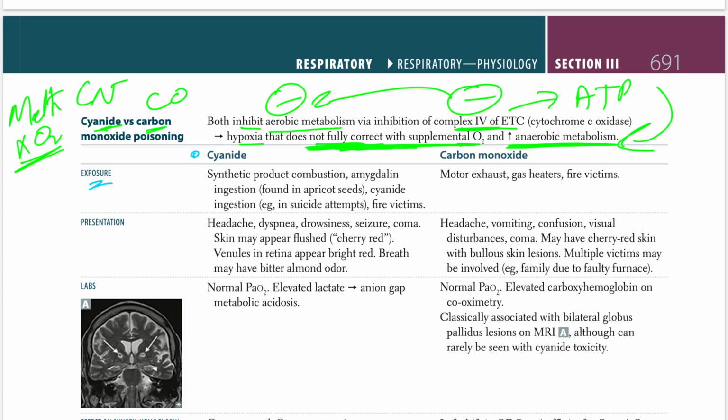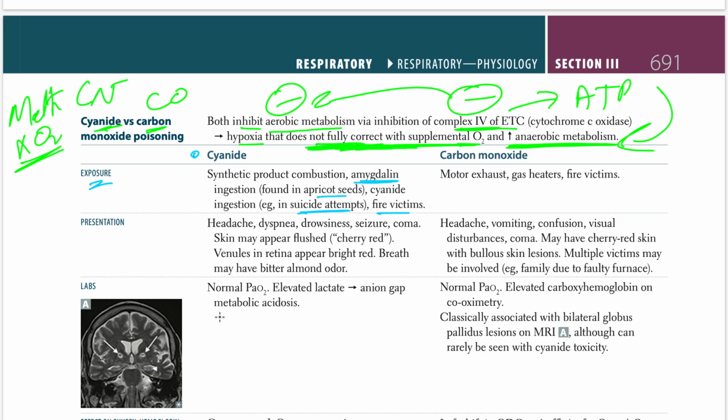What is the exposure? How do you get cyanide poisoning? Synthetic product combustion, amygdalin ingestion, which is in apricot seeds, high yield, cyanide ingestion in suicide attempts, and fire victims. So yeah, these are all the things that we can get cyanide from.